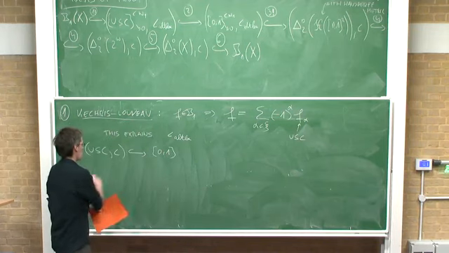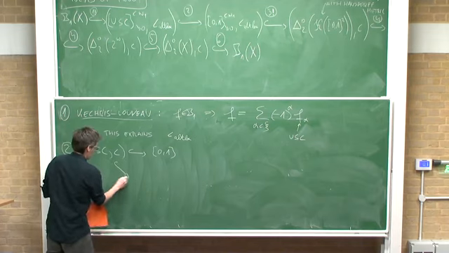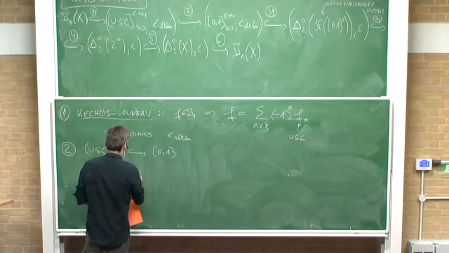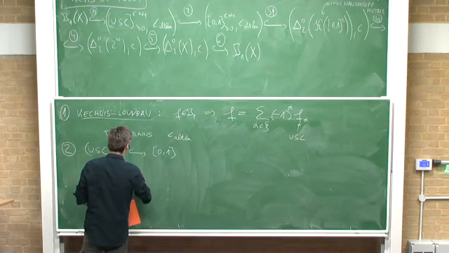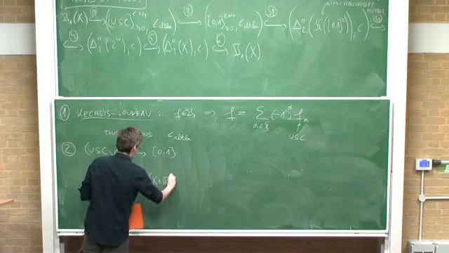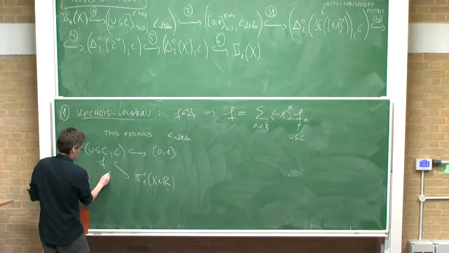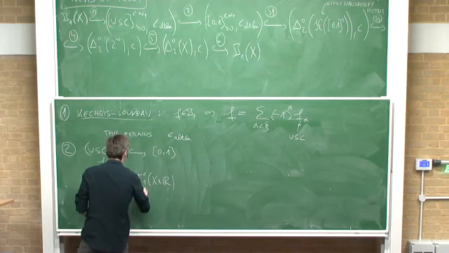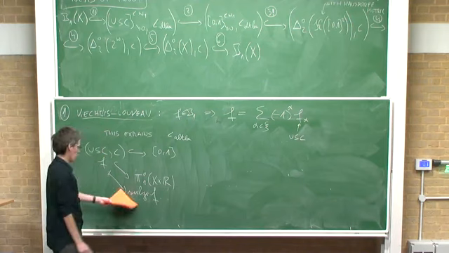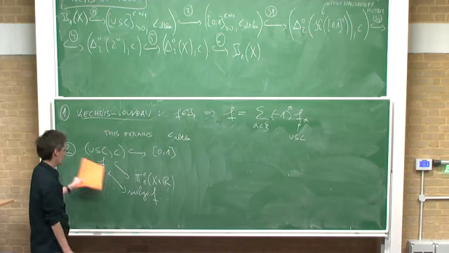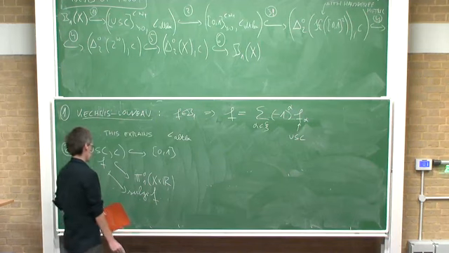How do you do this? First, you embed this into the closed subsets of X cross R. To the function f, you simply assign its subgraph. USC functions have closed subgraphs, and this is clearly a monotone map.